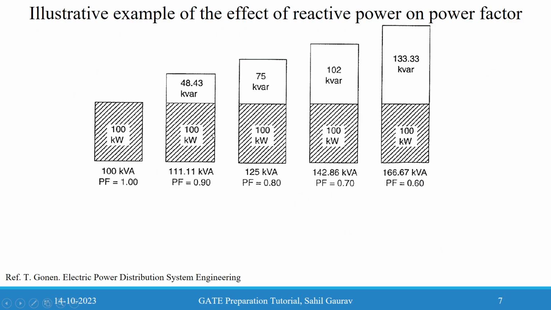Now let us see this example of how we will see the effect of reactive power on the power factor. This is a well-known example, and for this reference you can follow the Turan Gonen book, Electrical Power Distribution System Engineering. This picture is taken from this book, and we can see that the active power demand for all the loads remains constant, that is 100 kilowatt.